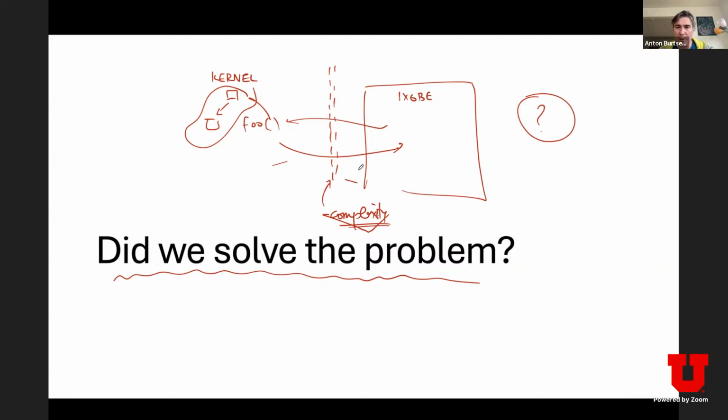So for example, you first probe the driver, then you open the driver, then you do read and write functions. And what happens if you try to do read and write before opening the driver? Maybe the kernel crashes, because the kernel trusts the driver, right? And it turns out that it's very easy to construct an exploit.